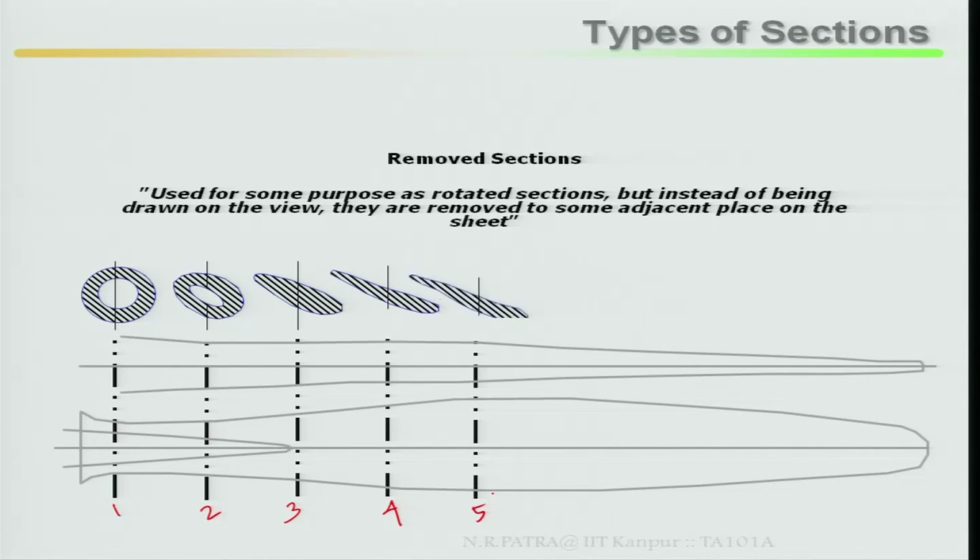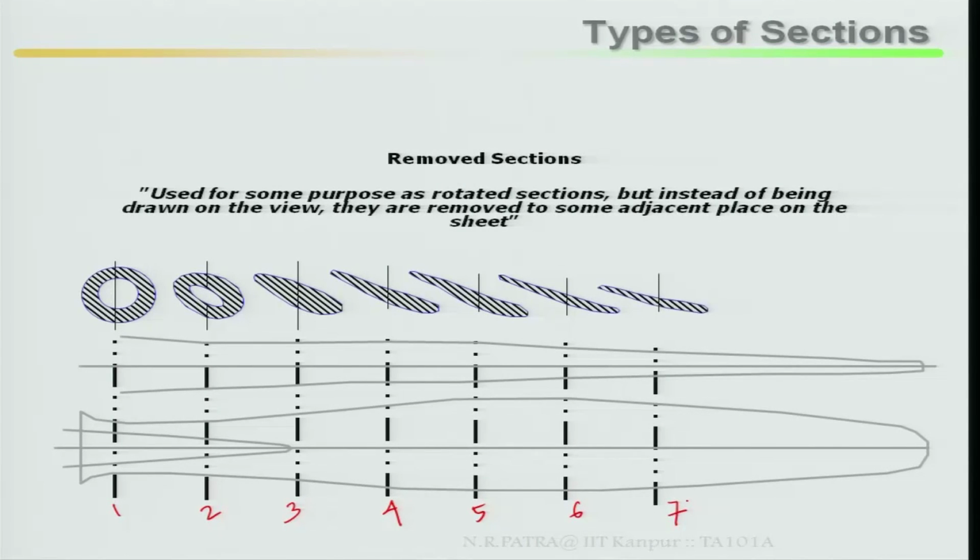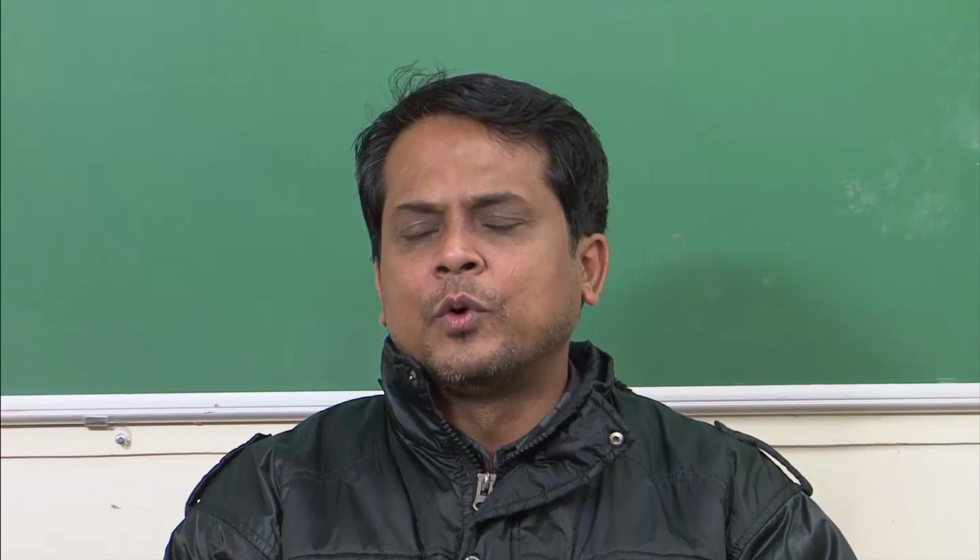4, 5, 6, 7, 8, 9, 10. An object, how is this varying inside, 1 2 3 4 5 6 7 8 9 10; it is continuously varying from 1 to 10.